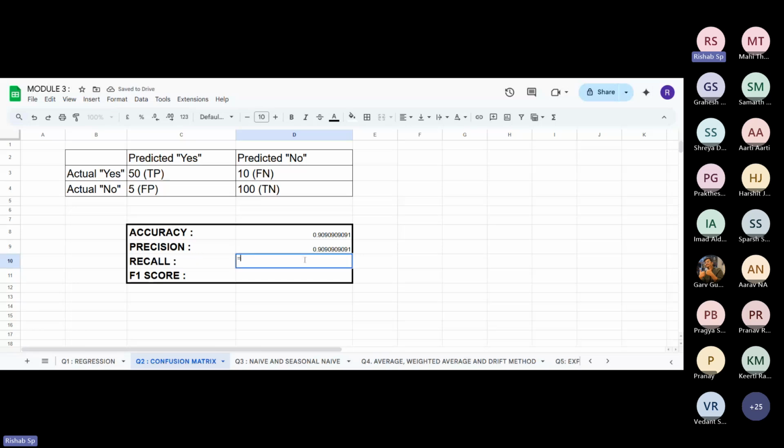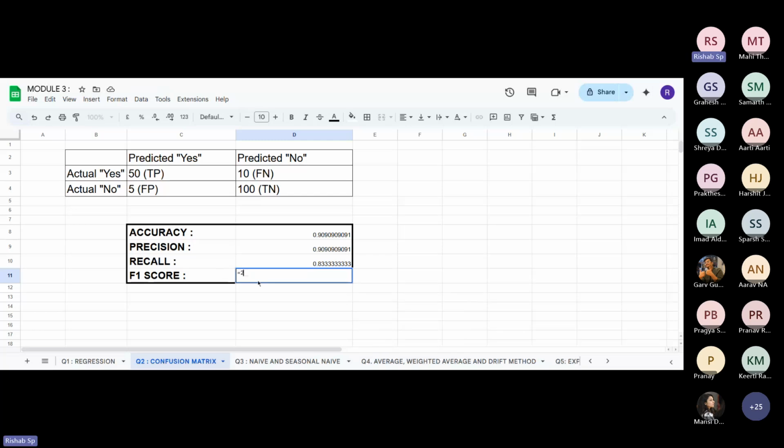What is recall? In the numerator, it's TP itself. So 50 divided by what? The first row, 50 plus 10, which is 60. We got 0.833 as the recall. What's the F1 score?